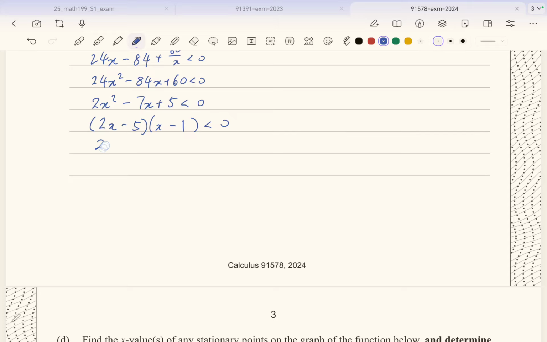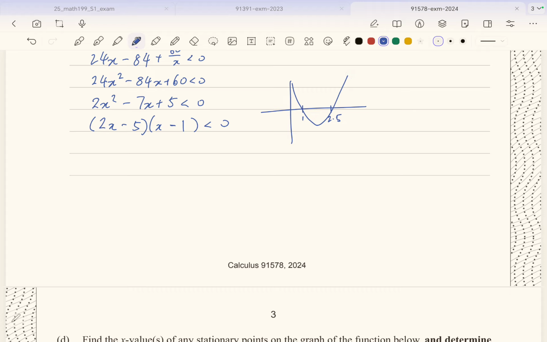So if you think about this parabola, it has roots at x equals 5 over 2, which is 2.5, and 1. So we have a 1 here and 2.5 here, and it's positive, so it'll be like this.